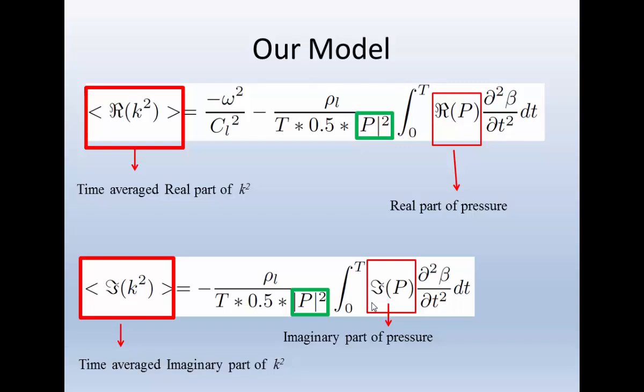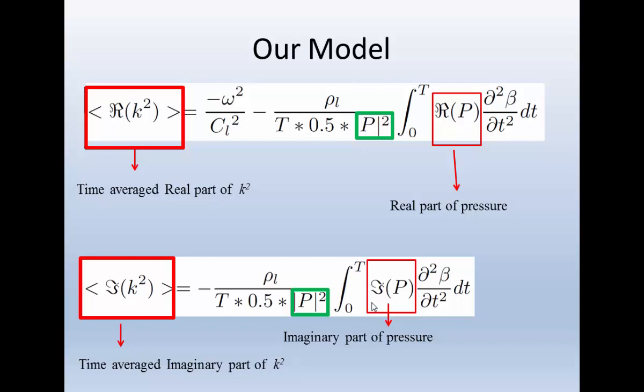We use the Caflisch model, and we wrote it into two simple forms for the pressure and the complex conjugate of the pressure of the wave field, and with very simple mathematical derivations, we were able to find the real part of the wave number squared and the imaginary part of the wave number squared.